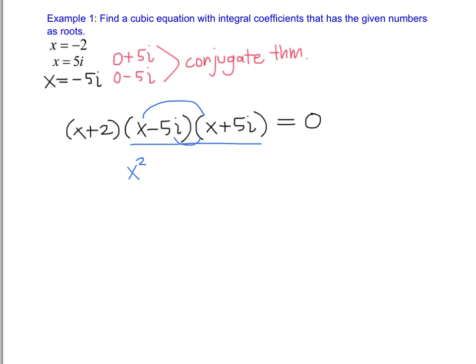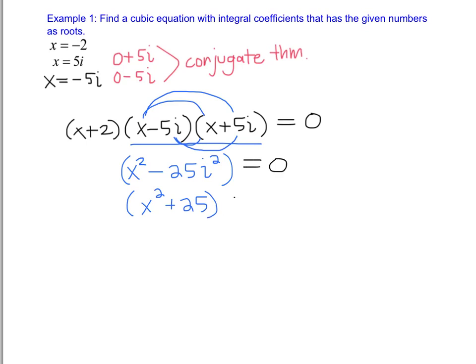The inner and outer are going to be opposites of each other, so those will just add to 0. 5ix and negative 5ix, I'm not even going to bother writing that down. But then if I multiply the last two together, 5 times negative 5 is negative 25. i times i is i squared. We know i squared is negative 1, which makes this x squared plus 25.